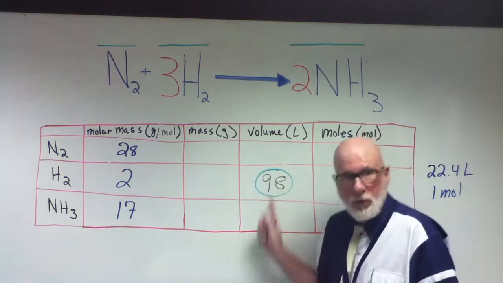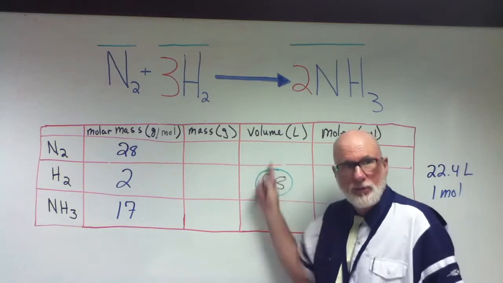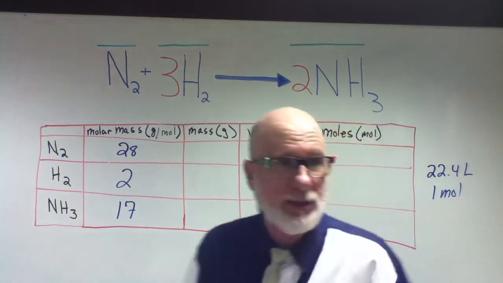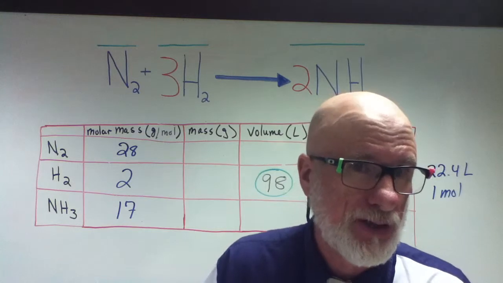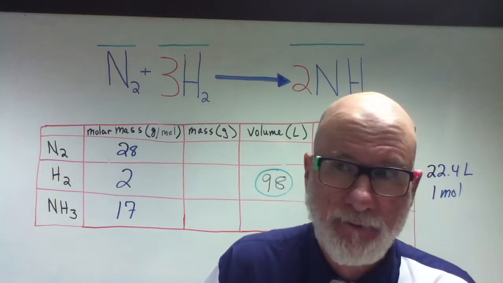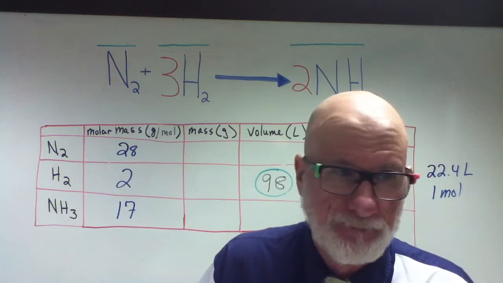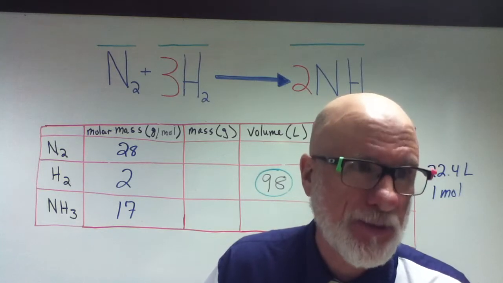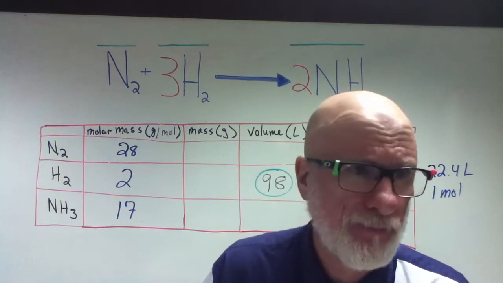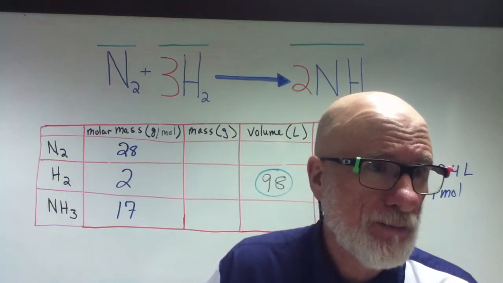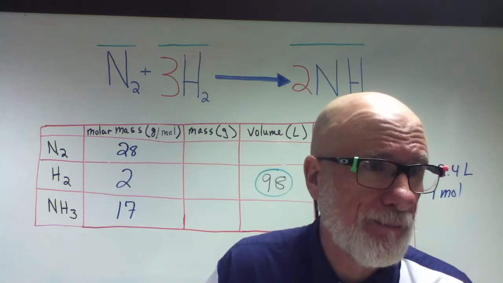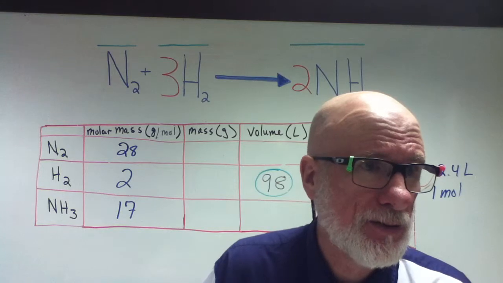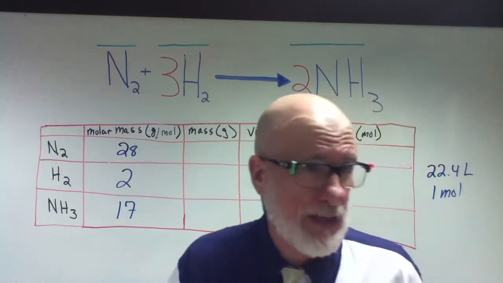So how many 22.4s go into 98? Use your calculator, Neve. Give her a chance. What do you got? Round it to tenths place, otherwise we'll go out of our minds. What is it? 4 point what? Tenths place. 4.4. Is that good?